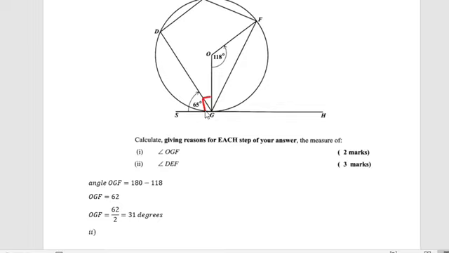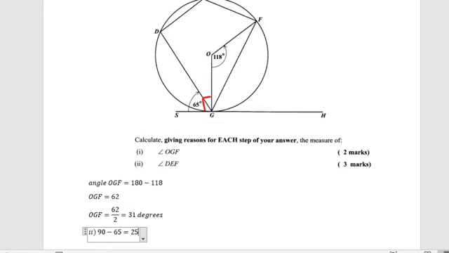So therefore, if this is 90 degrees and we already have 65 degrees out of the 90 degrees, we can now calculate what this small portion right here is. So that will be 90 degrees minus 65 degrees, which is equal to 25 degrees.